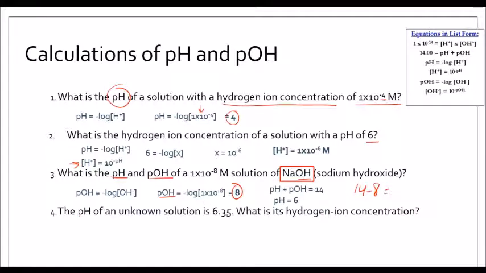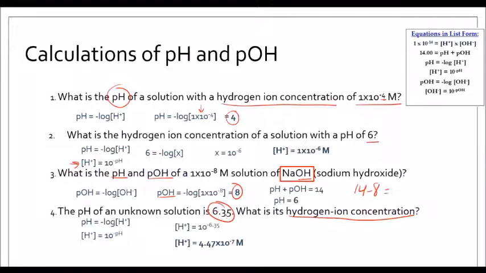Last but not least, this is one without the normal whole numbers where we're dealing with a random number, and you're going to get some of those in your practice as well. What is the hydrogen ion concentration? Well, we've got to undo it and do the 10 to the x form, 10 to the negative pH. So stick in that negative 0.35 into your calculator, and you're going to get the hydrogen concentration.